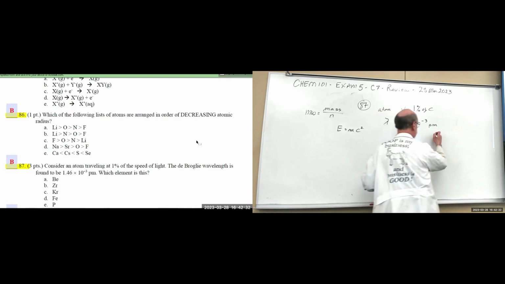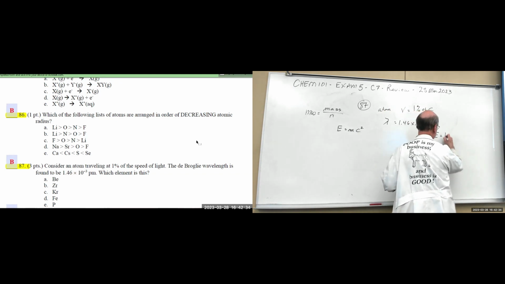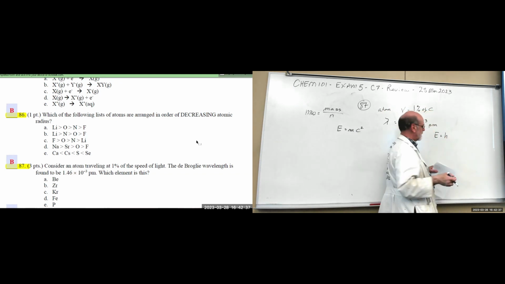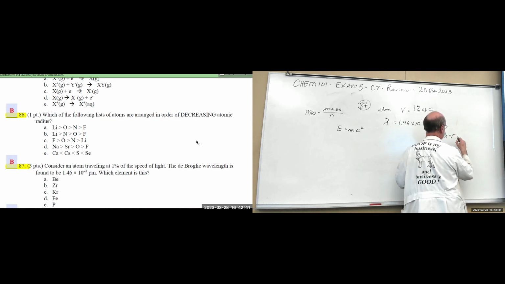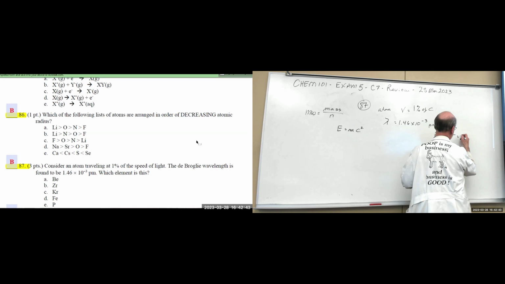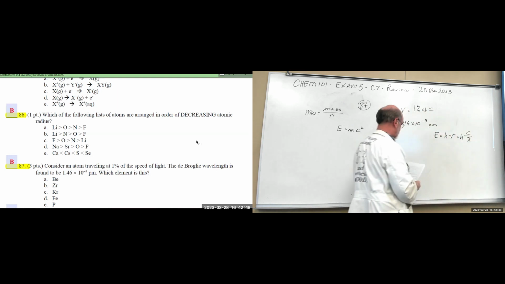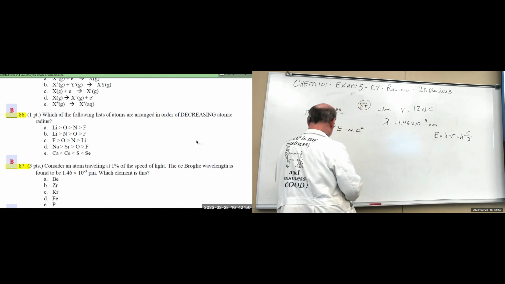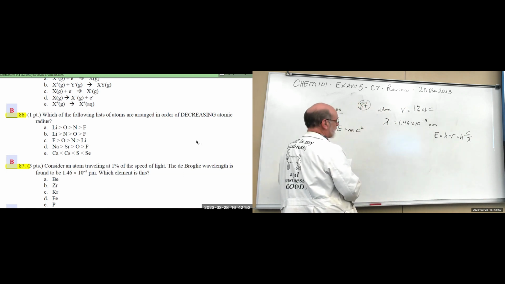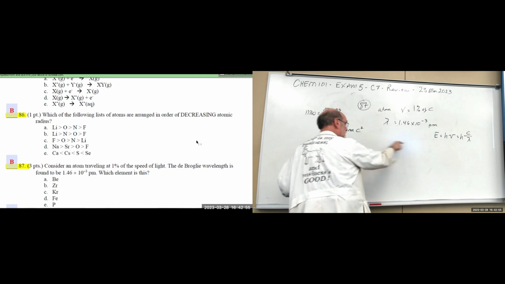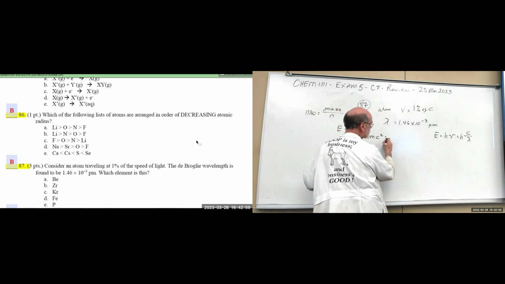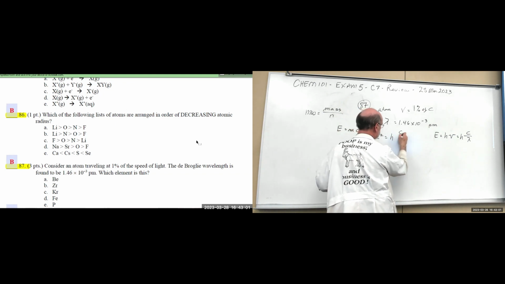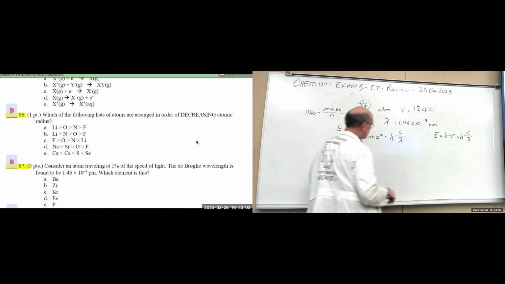Well, the energy of a wave is equal to Planck's constant, Max Planck said this, times the speed of light divided by wavelength. So at the speed of light, this one is equal to that one: mc squared is equal to Planck's constant times c divided by wavelength.